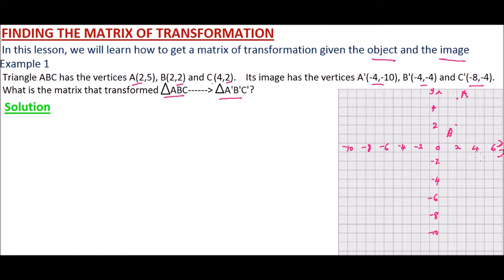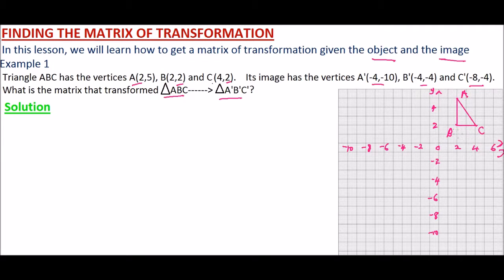Then we have C, (4, 2), that is where we have our C. So that is the triangle, the object. So this is the triangle that we have been given, the object.